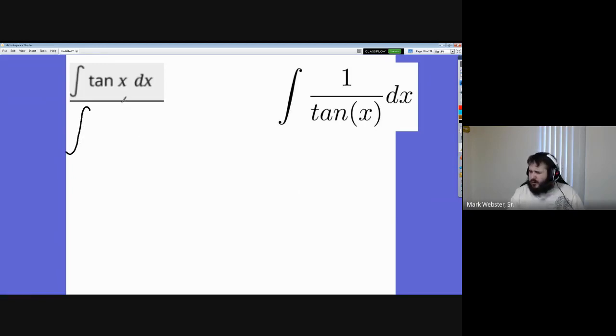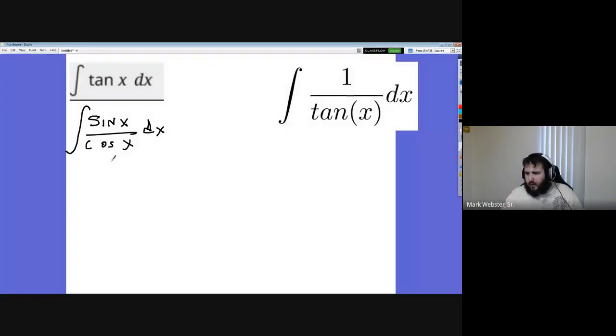in order to deal with it, we have to break it down into sine and cosine, right? So what we want to do is pick one of those things that's going to be our u and another thing that's going to be our du, so that we can basically rewrite it in terms of u and du instead of the function and dx, and then have it be something that we now know how to integrate.